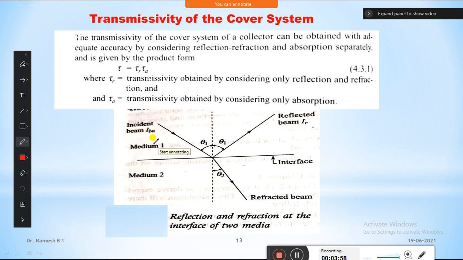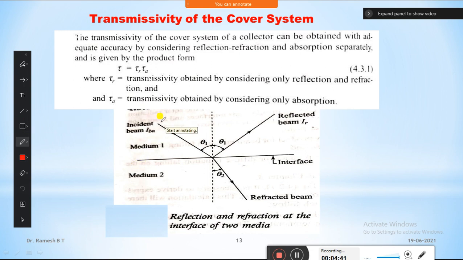Media 1 may be air or atmospheric media, and media 2 is separated from it by an interface, a cover or glass. So there are two media, media 1 and media 2. If you use three, it is media 1, 2, 3, and so on. Generally we go with two or three media, which is optimum. Media 1 and media 2 may be glass or any transparent material.